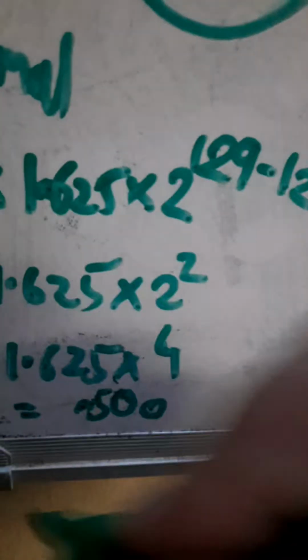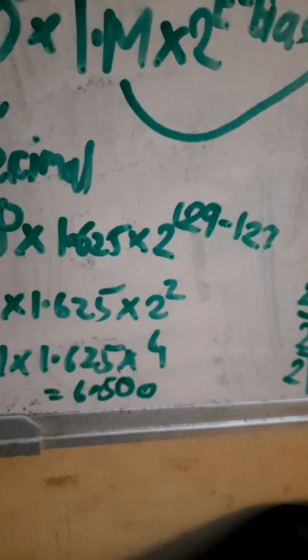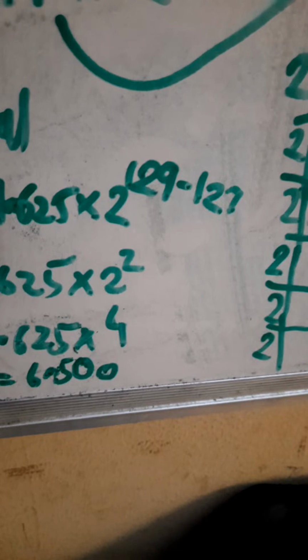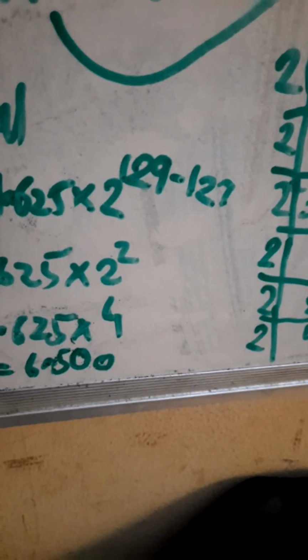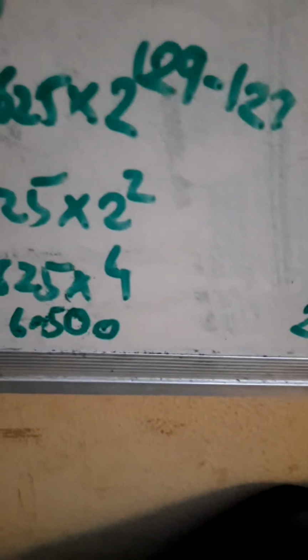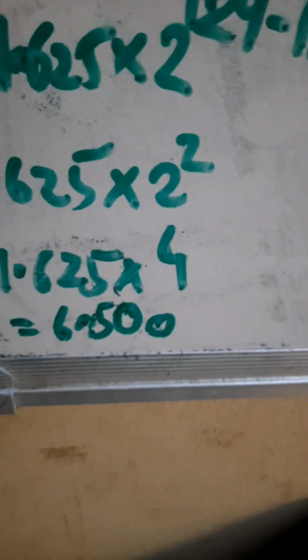Plus 2 is 6. Something is wrong right now, you know. Wait a second. 4 zeros are 0 plus 2 should be 2. Then we are not getting 4.5 anyway.